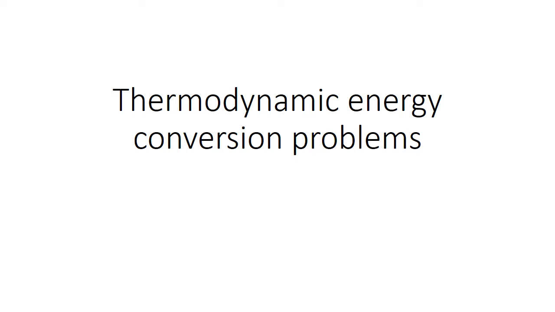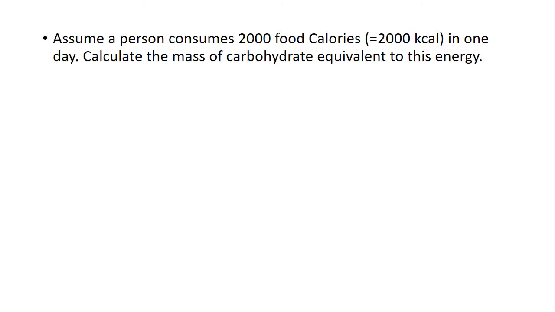In this one, we'll look at the first problem, dealing with the energy consumed in the form of food. The problem is actually 2 parts. First of all, we assume a person consumes 2,000 food calories in one day.